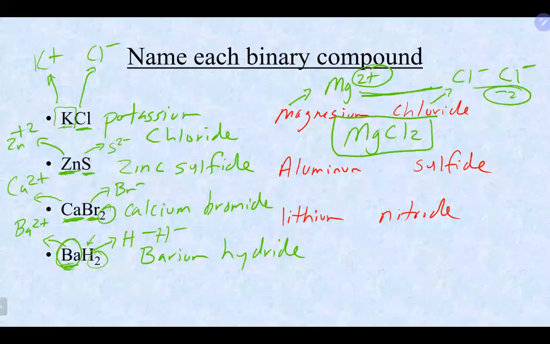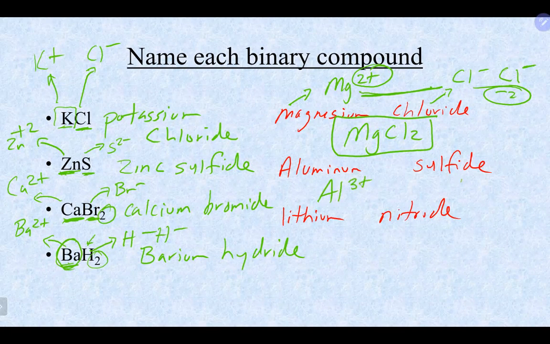Aluminum is group 3, which means it has a +3 charge. Sulfide is group 6, has a -2 charge. So in this particular case here, we're putting together something with a +3 and a -2. Common number between those 2 is 6. Basically, just multiply them together. To get the aluminum to 6, we actually need 2 of them.